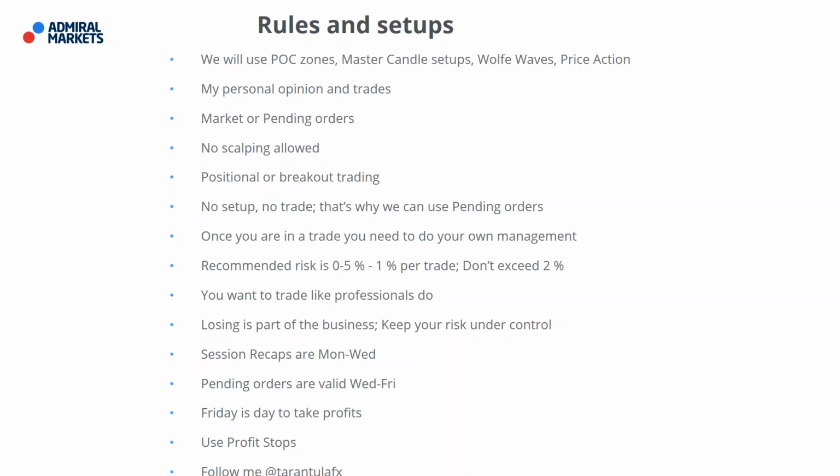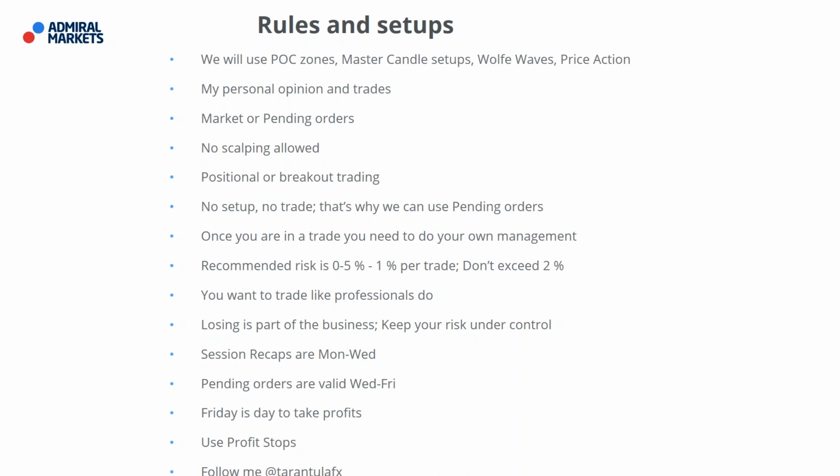I know it might sound like a low volume, but still it is the risk. It is how you protect yourself from gambling. It is how you protect yourself from revenge trading, and also how you protect yourself from being an impatient trader.